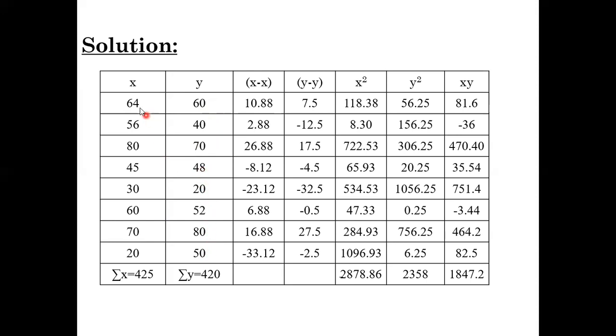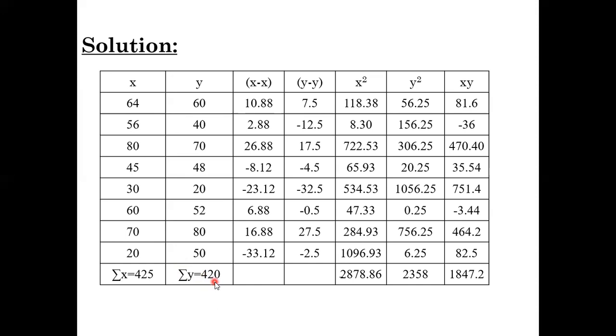Now we have to make the total of x. The total of x will become 425. 425 is called sigma x. Sigma x is the total of x values. Similarly, you have to calculate the total of y. The total of y will become sigma y.